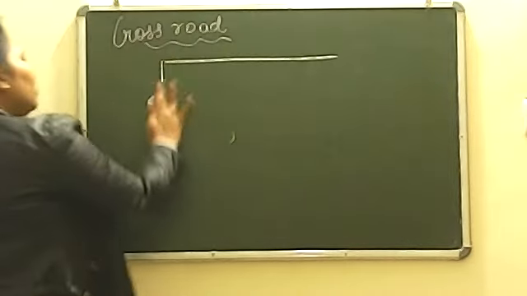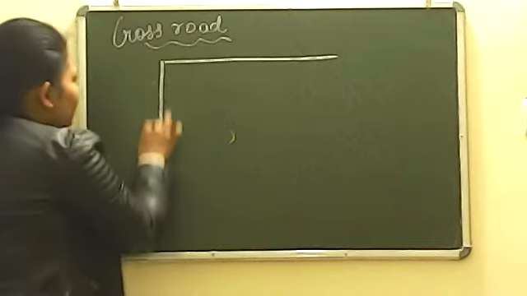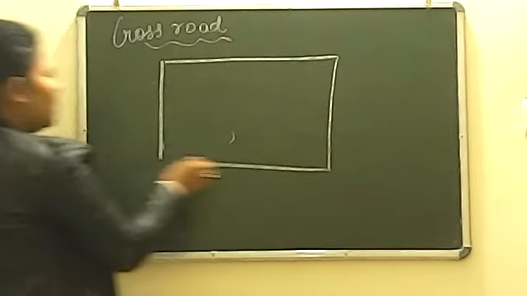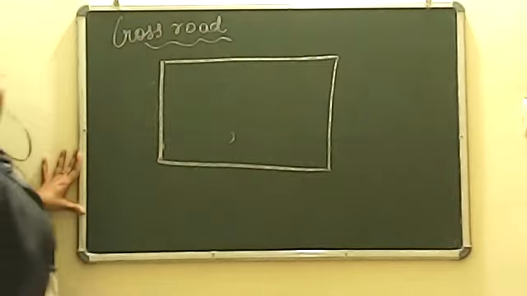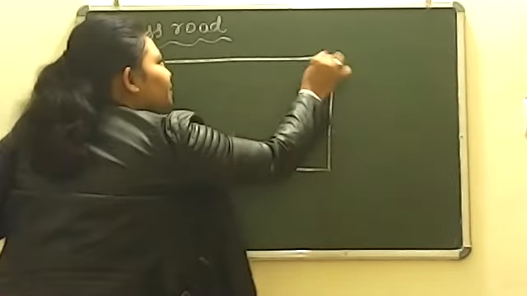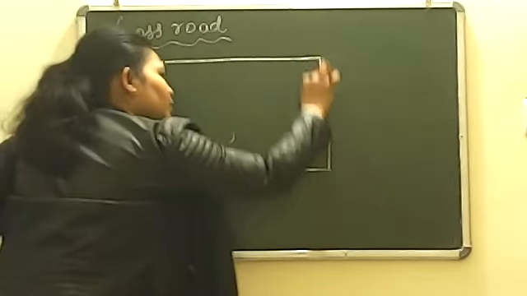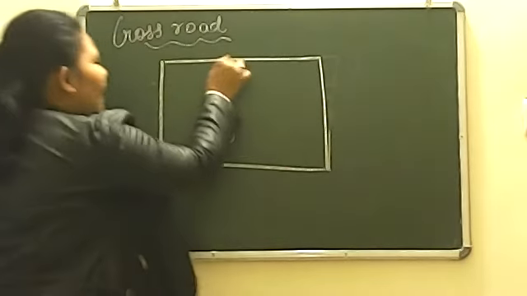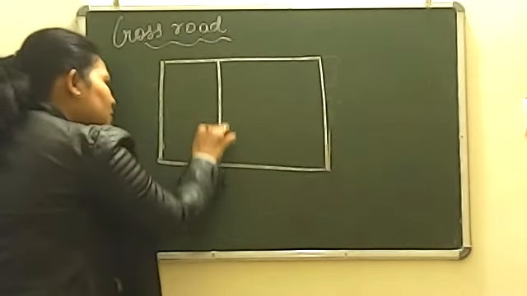I am going to tell you with the help of this example. Now this is a rectangular place. And inside this rectangle, we have crossroads.